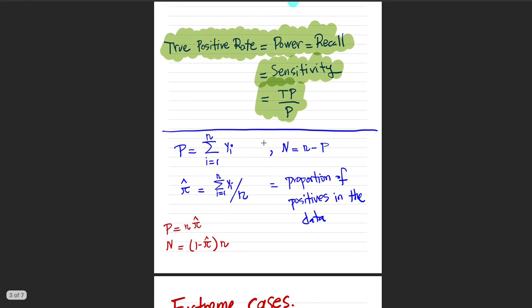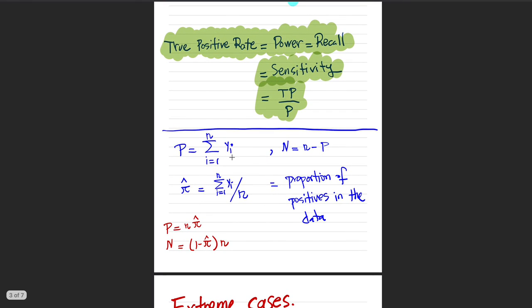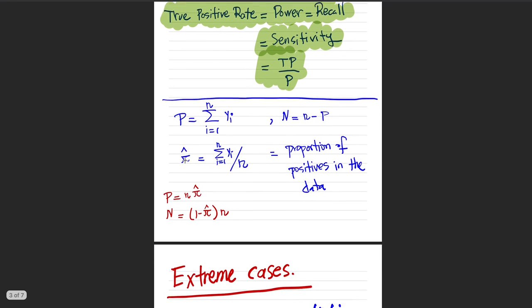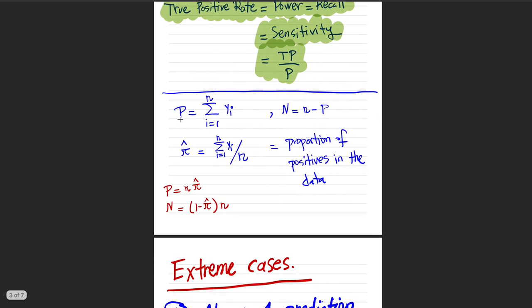And now let's look at this. yi is either 1 or 0, okay? So the sum of yi's is the total number of positives. Capital P standing for the total number of positives. So little n minus the positives is capital N, standing here for the total number of negatives.